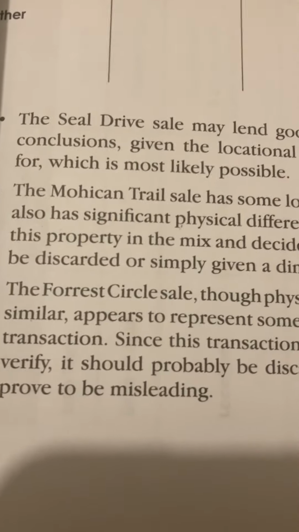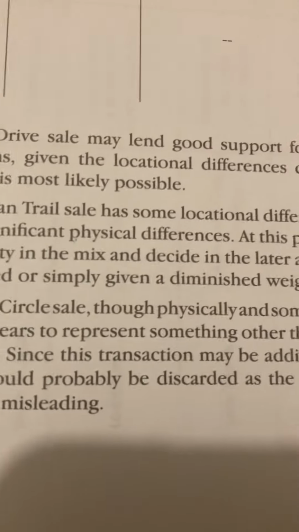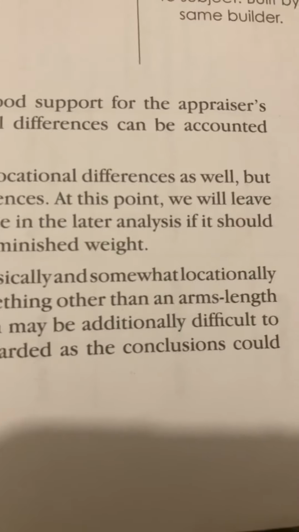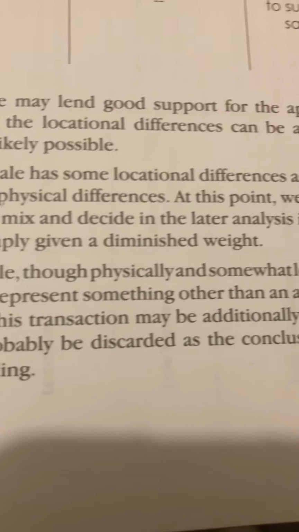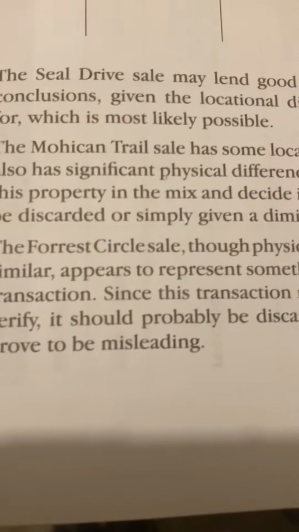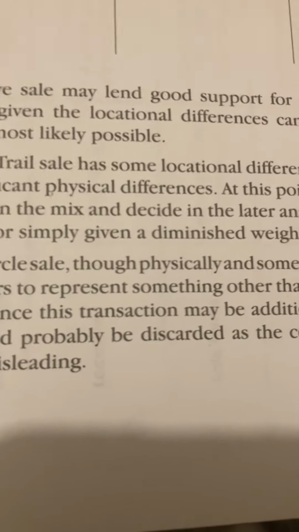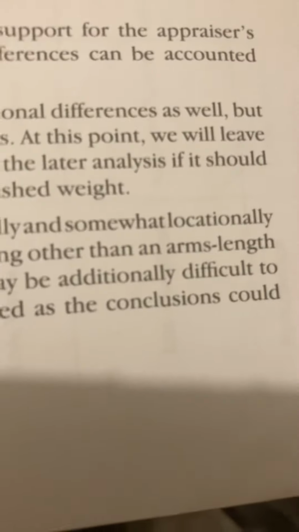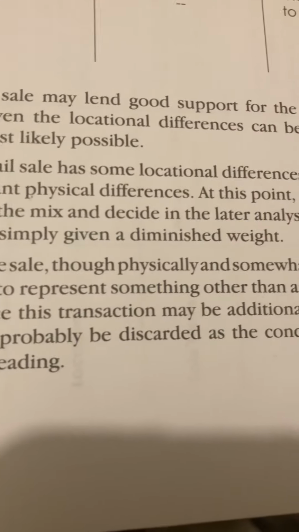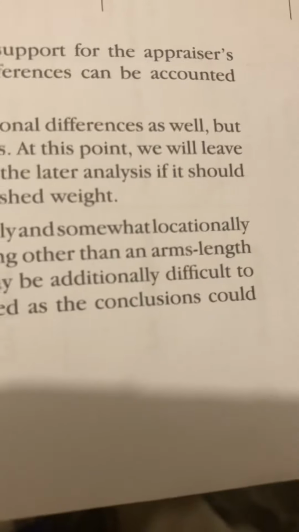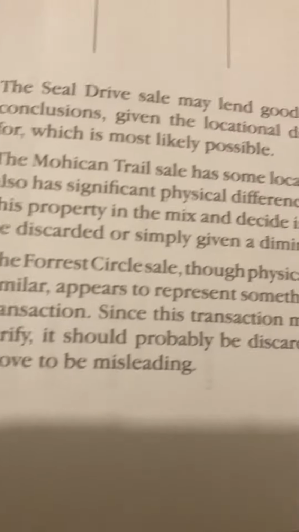Comp 3, the Forest Circle sale, though physically and somewhat locationally similar, appears to represent something other than an arm's length transaction. Since this transaction may be additionally difficult to verify, it should probably be discarded, as the conclusions could prove to be misleading.